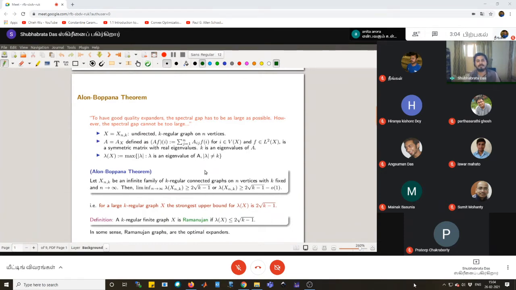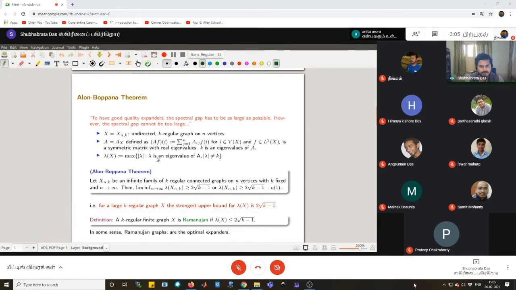We observe in the definition of expander graphs that these are graphs for which we need enough expansion. Given any subset in our graph, we want the boundary set corresponding to that subset to expand in a certain sense.